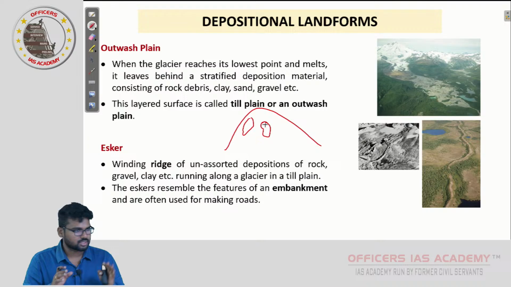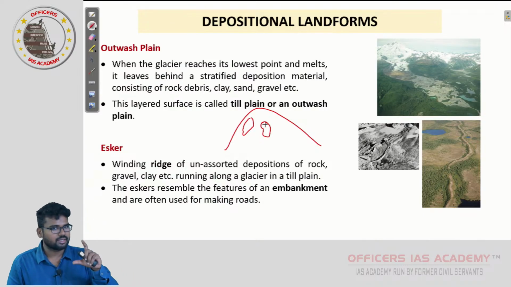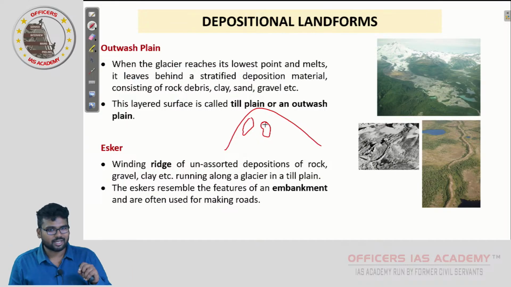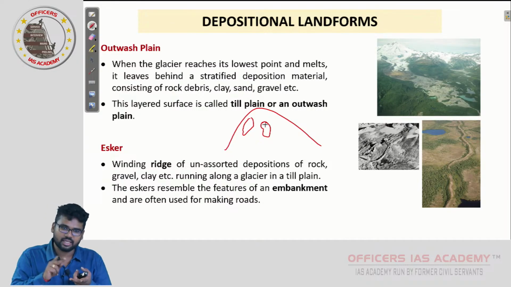When we talk about a glacier, generally the first thing that appears to our mind is a huge ice block. We think that ice block means only water is present, but apart from water there will be many sediments present in it. There can be dust particles, debris, organic substances.